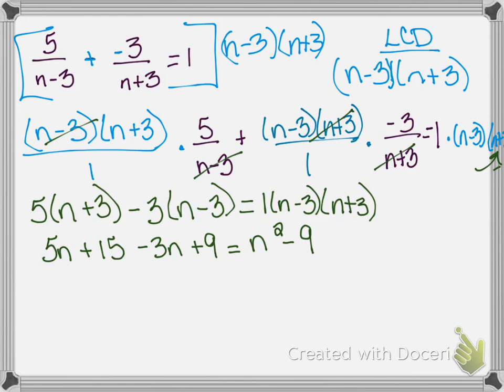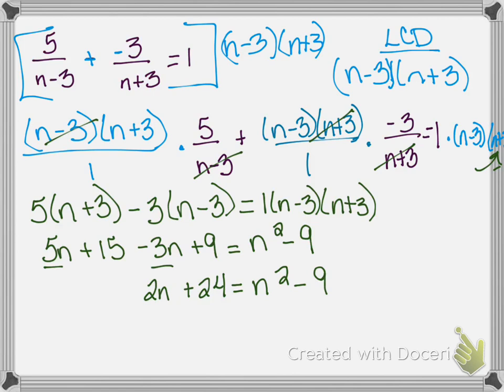Okay, so over here on the left, I have 5n and negative 3n. That gives me 2n. What is 15 and 9? What's 15 and 9? 24. It is. Good. Okay. So I've got a quadratic.